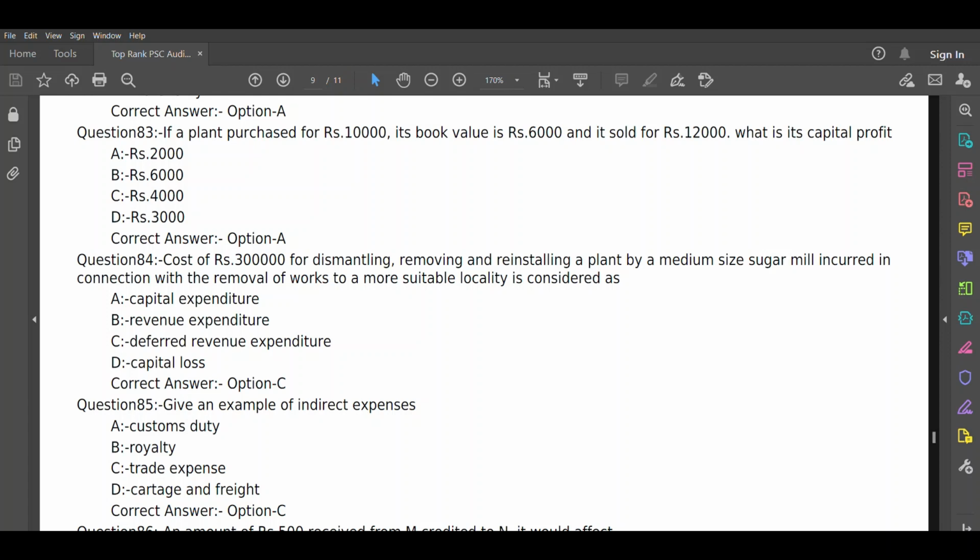Give an example of indirect expenses. Trade expense.